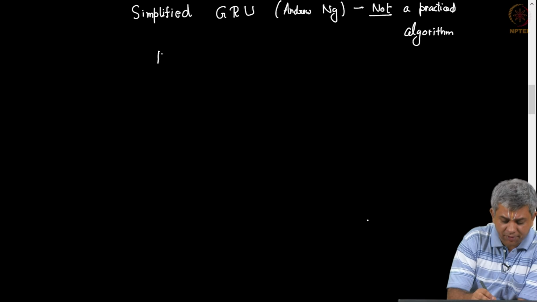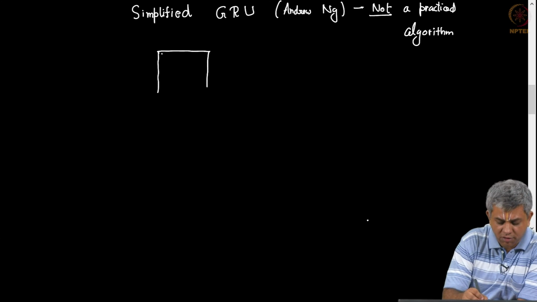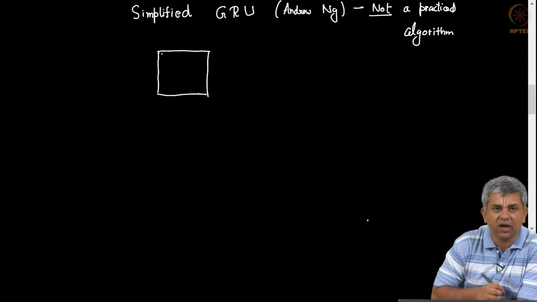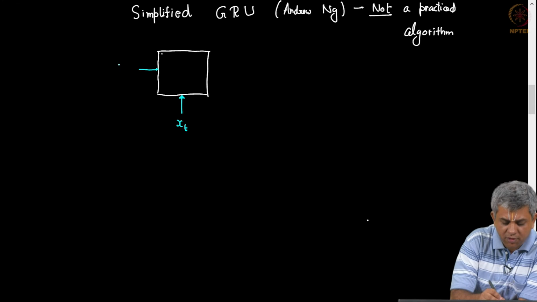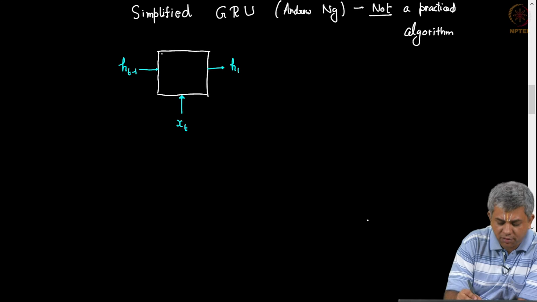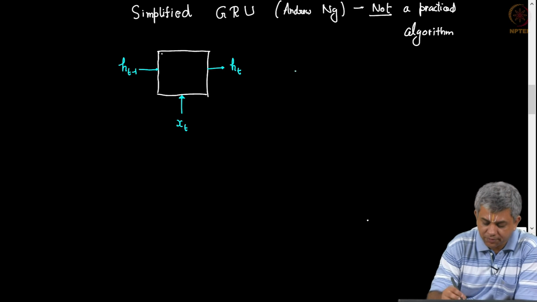So, let us come back to our original vanilla RNN architecture. We had xt, we have ht minus 1, and ht comes out.